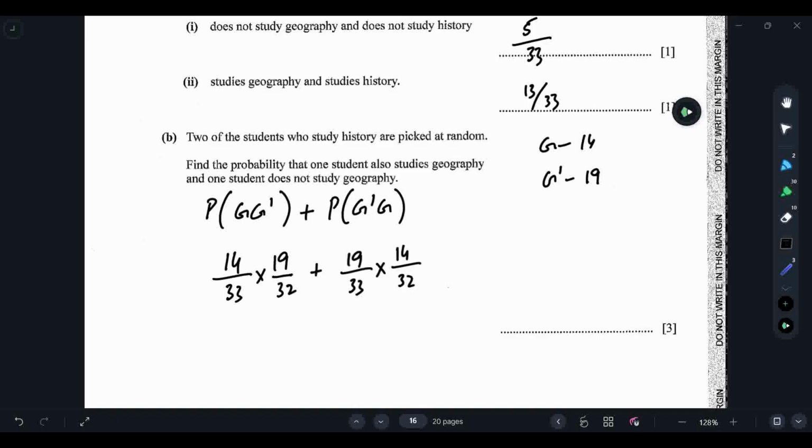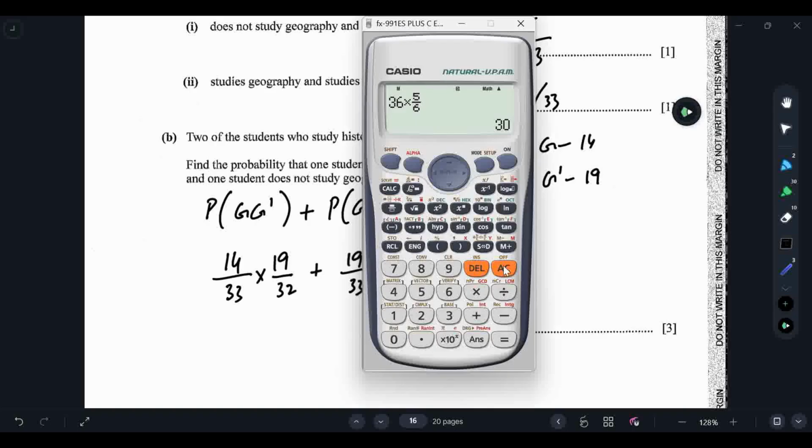So what we have to do is simply multiply it like this: 14 divided by 33 multiply by fraction 19 divided by 32. So multiply by 2.